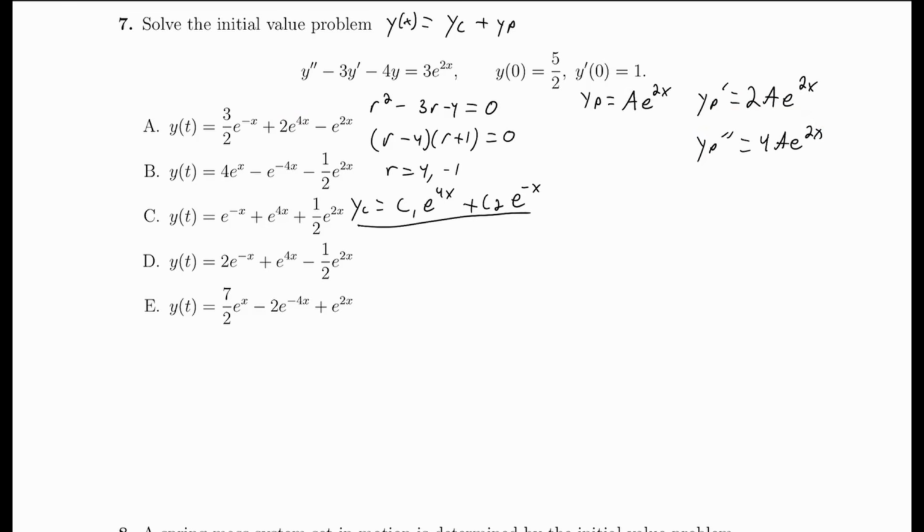So do that down here: 4a e to the 2x, and then minus 3 times yp prime, so minus 3 times this. That'll get us minus 6a e to the 2x, and then minus 4 times yp will be minus 4a e to the 2x. And this is our non-homogeneous part, so we leave our right-hand side as 3e to the 2x.